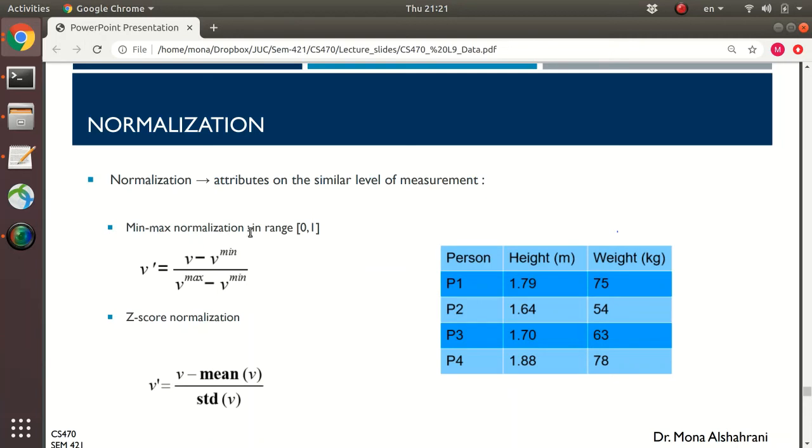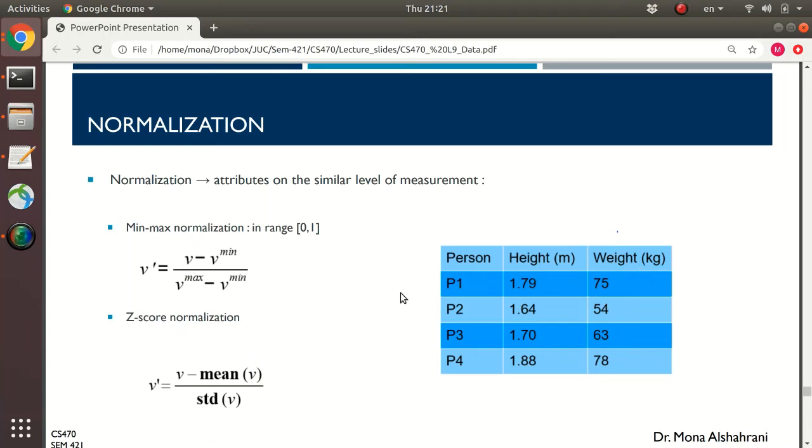Min-max normalization makes the data range between 0 and 1. So the height data values will be from 0 to 1, and the weight as well.